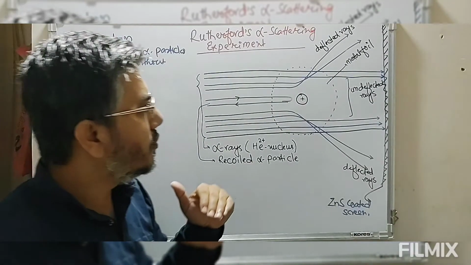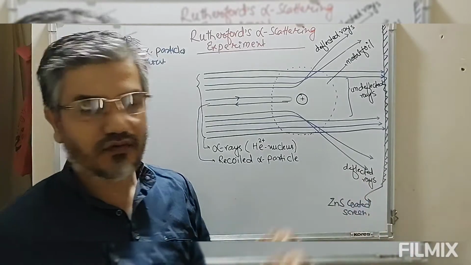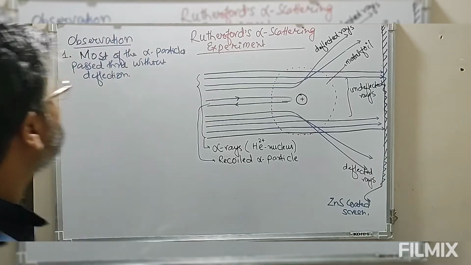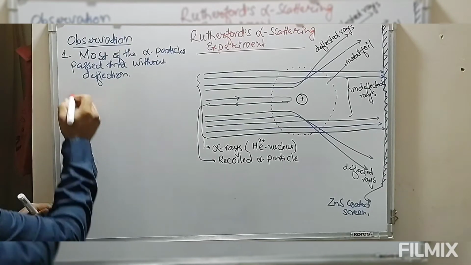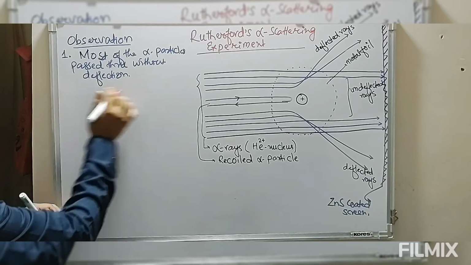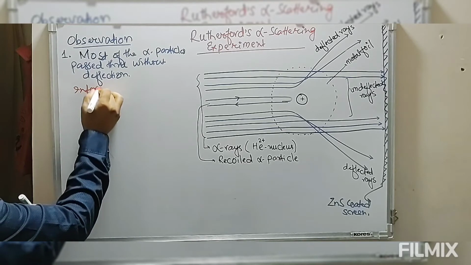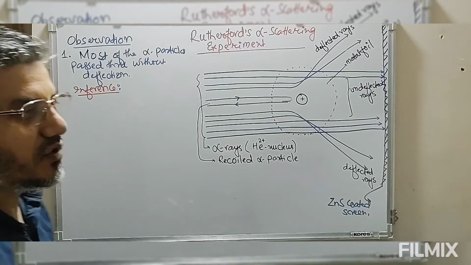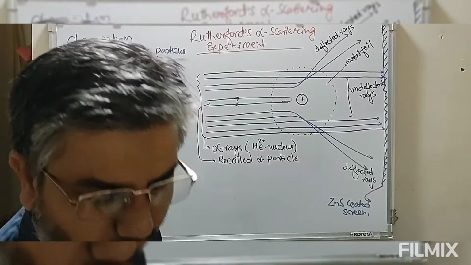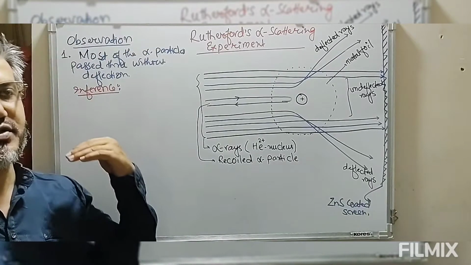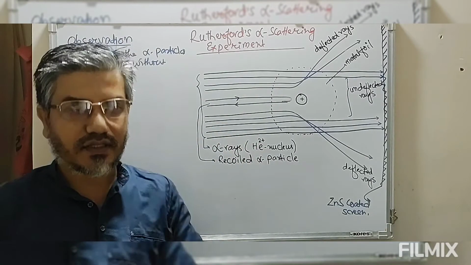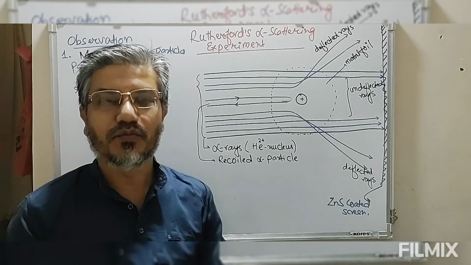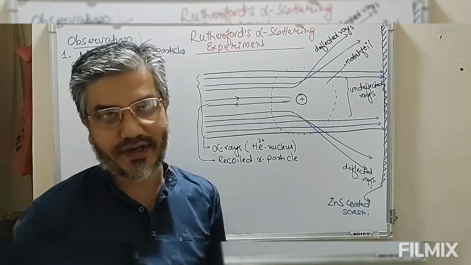Now, the inference he drew from this observation. From the first observation, he drew the conclusion that since most of the alpha particles passed through without any deflection, the space inside the atom is mostly unoccupied.